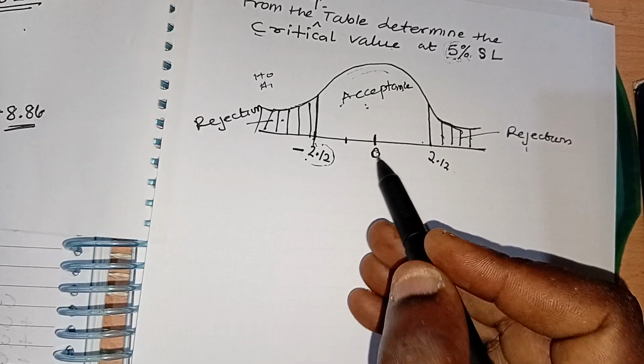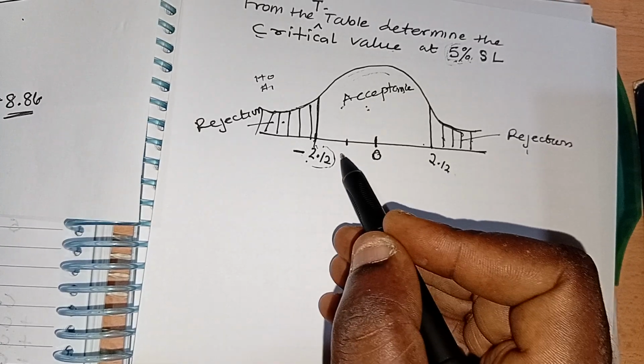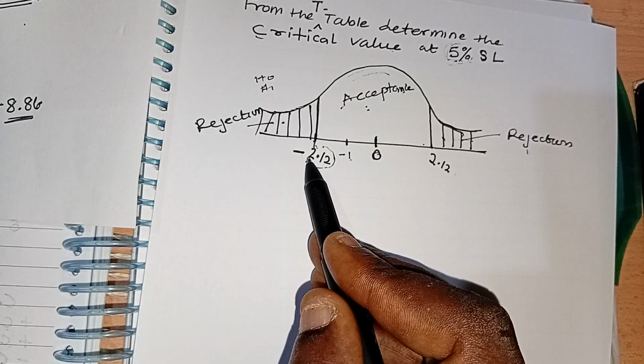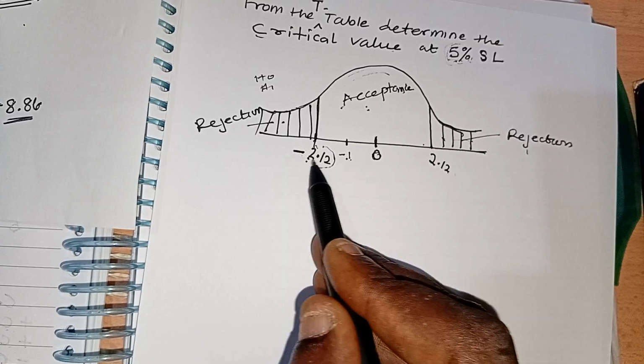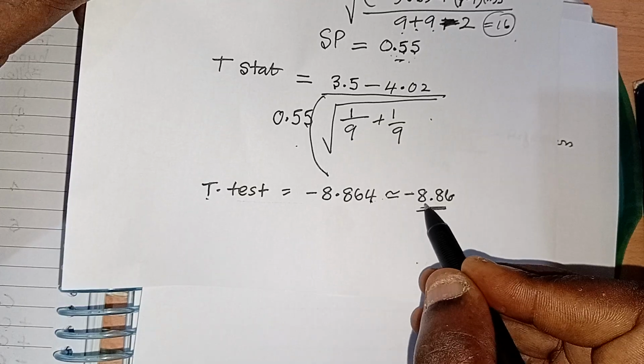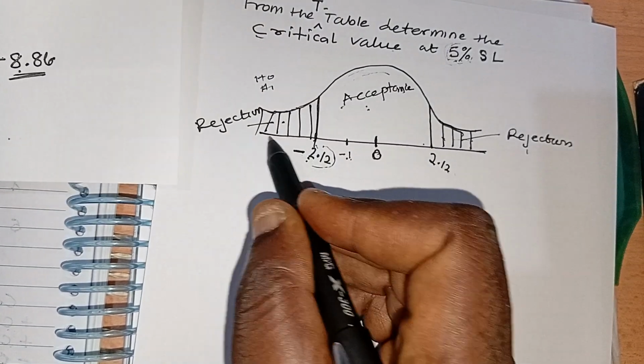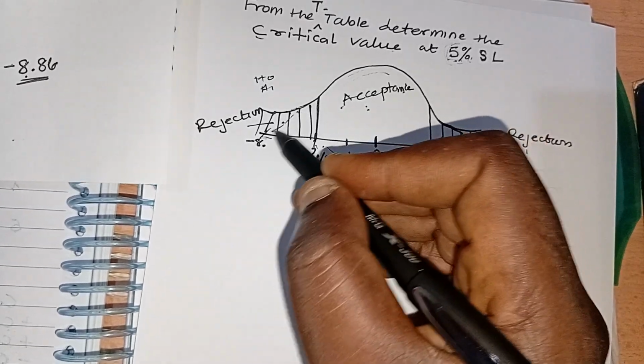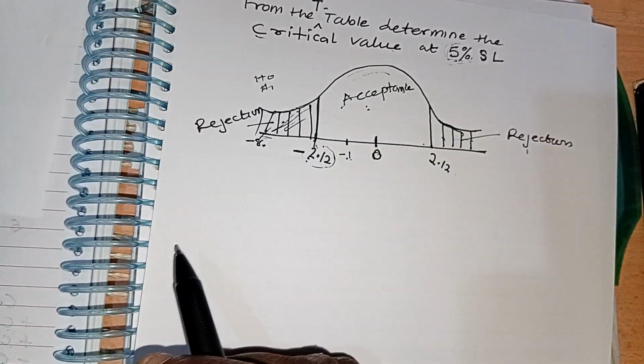This is 0. From here, we have -1. Between -1 and -2, which one is greater? Okay, it's -1. Now, between -1 and the calculated figure, -8 will fall around here. It means it has entered the rejection region.